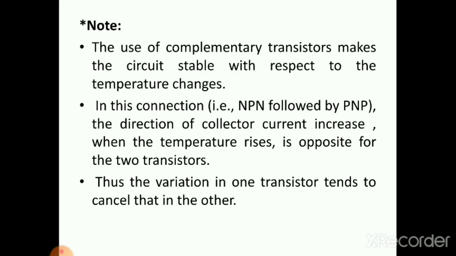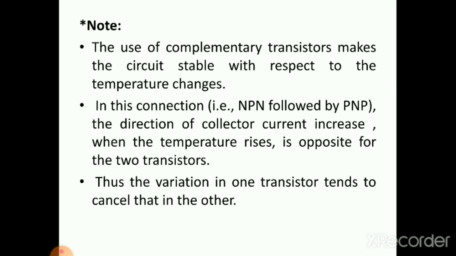Why should we use complementary transistors? Because the use of complementary transistors makes the circuit stable with respect to temperature changes. Please note this point. In this connection, NPN is followed by PNP.